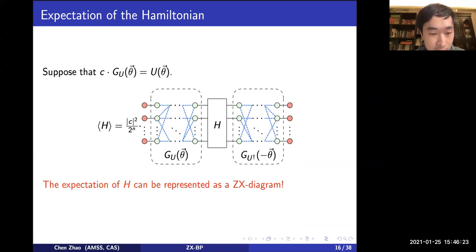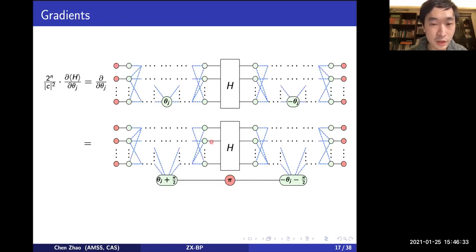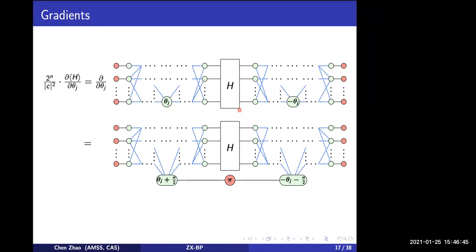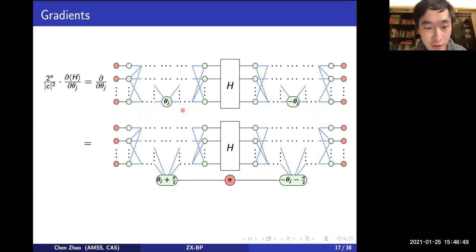So the expectation can be represented as a ZX diagram. Let's consider now the derivative. If we expand the Z spider corresponding to theta j by the definition of this spider, and we take the partial derivative, then we can get this kind of spider.